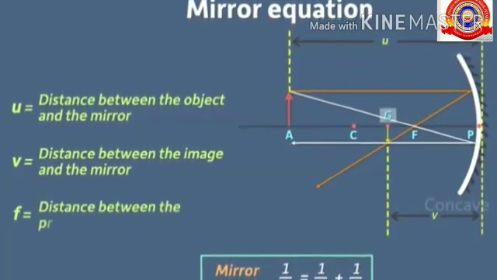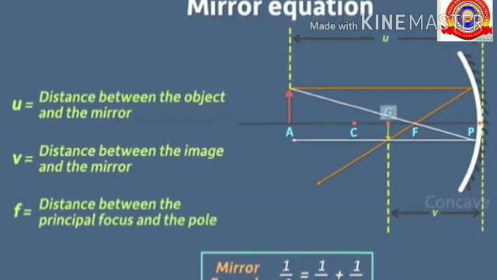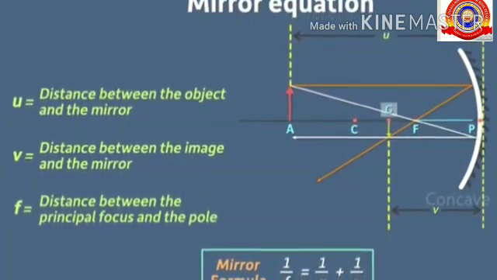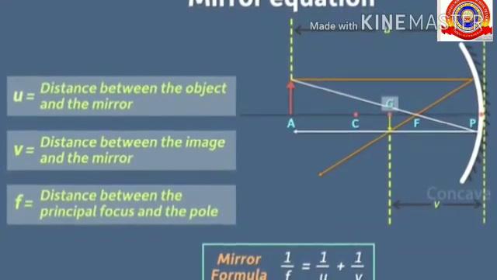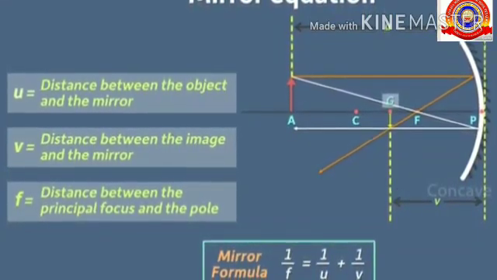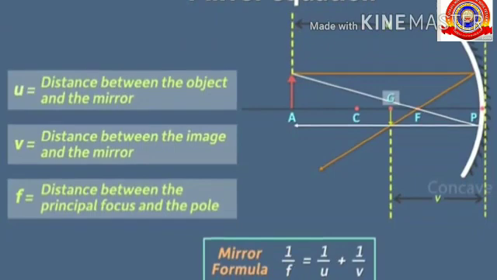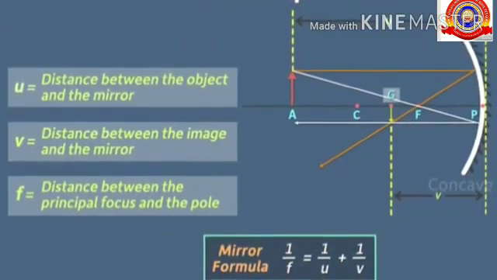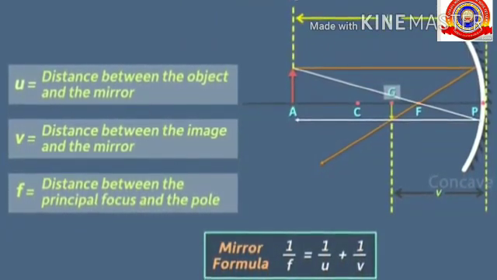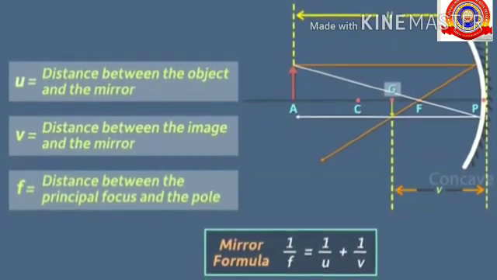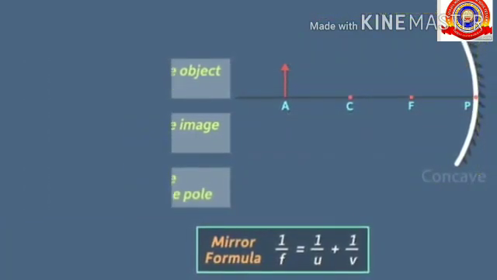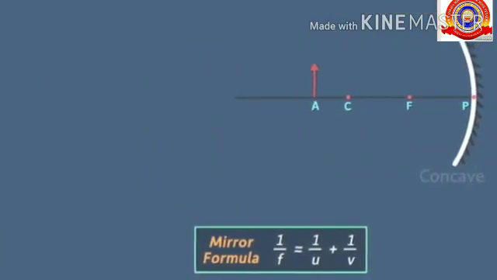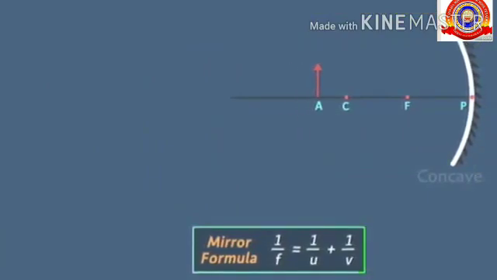Here you can see the image is formed at point G, so that is the distance between G and P. Next, F is the distance between the principal focus and the pole, and this distance is equal to the focal length. Here you can see all of the distances are measured from the pole P of the mirror. So from the equation you can see that it gives us the relation between the object distance from the mirror, image distance from the mirror and the focal length.